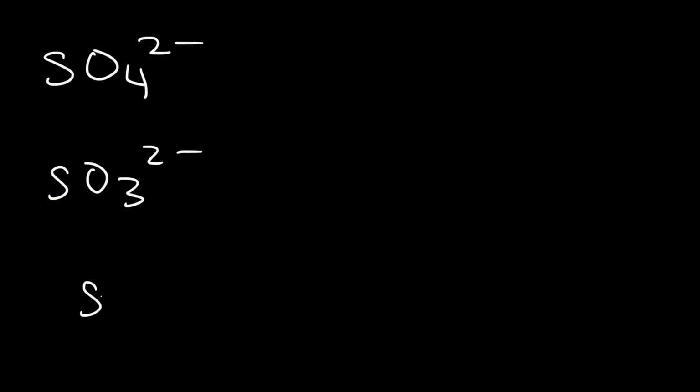Now what about these three? SO4 2 minus, SO3 2 minus, and S2 minus. Can you guess what the names of these three ions are? So the first one is a polyatomic ion, and its name is sulfate. So if SO4 2 minus is sulfate, what is the name of SO3 2 minus?